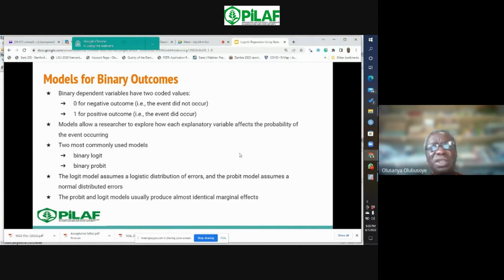But as you will see later, both usually produce identical marginal effects. Even though we are not going to discuss marginal effects, you will see that in most cases the outputs are identical.